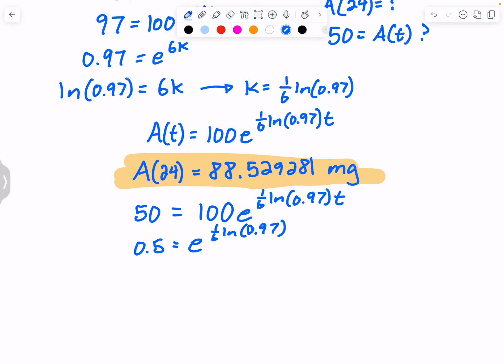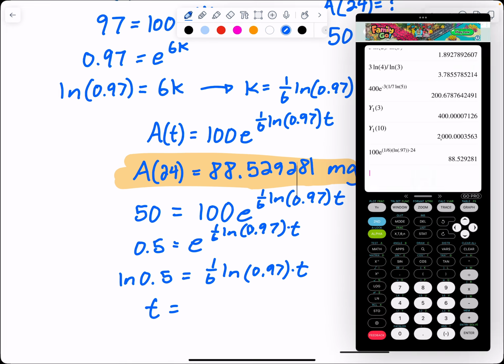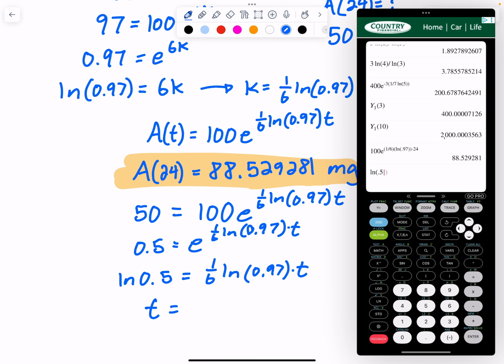All right, and then this is just an ln problem. And don't forget your t, I dropped mine. All right, and I'm just dividing by that. So t is ln of 0.5 divided by, okay, I'm going to put all this in parentheses, 1 divided by 6 ln of 0.97, close, close.